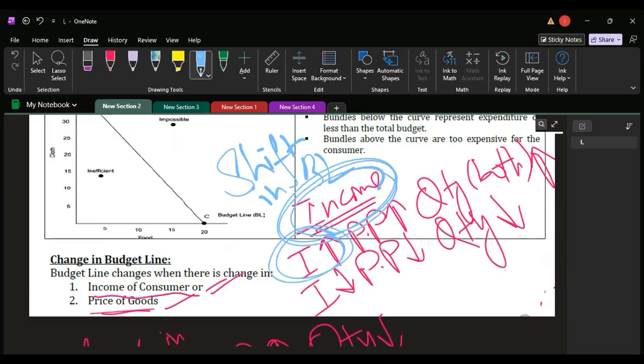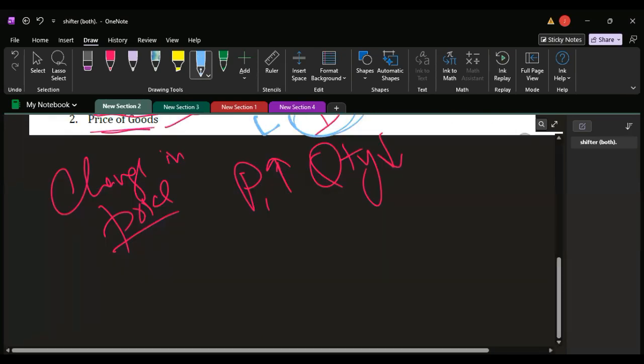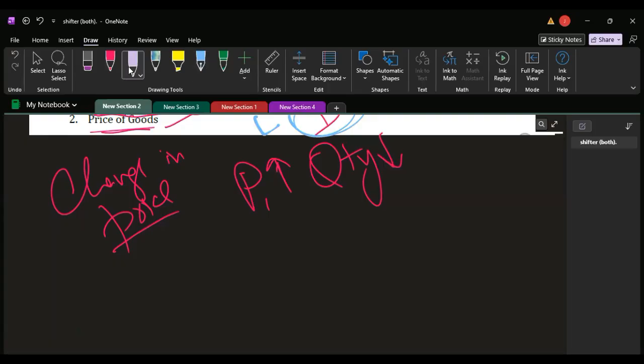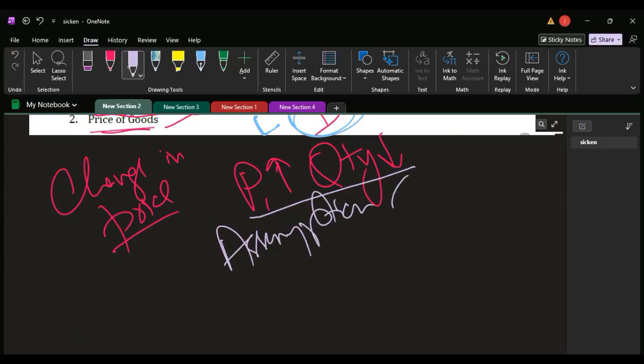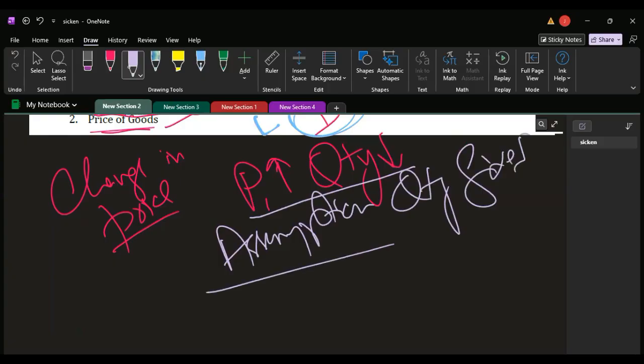When income increases, it is a rightward shift, and in case of decrease in income, it will be a leftward shift in the budget line. When there is a change in the price of the product, there is only a change in quantity of one product, while we are assuming that the quantity of the second product remains fixed or does not change.